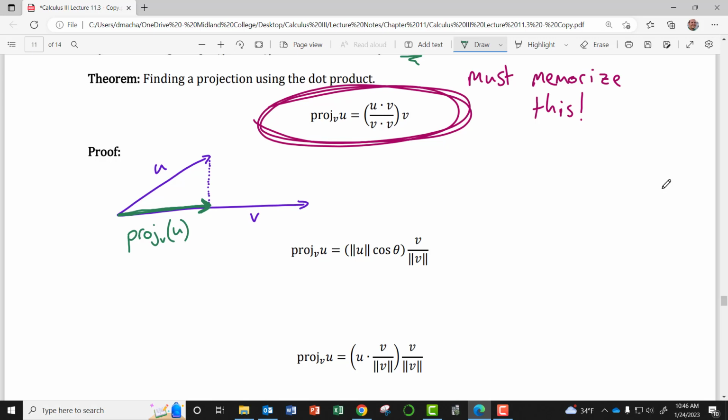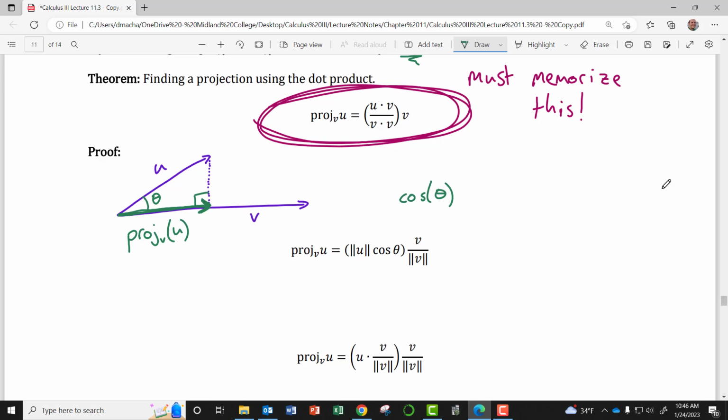So how do I find the length of this vector? Well, the length of this vector is going to be the norm of u times cosine of theta. Remember, cosine of theta is the ratio of the length of the adjacent side to this angle theta to the hypotenuse, which is going to be the magnitude of this u vector.